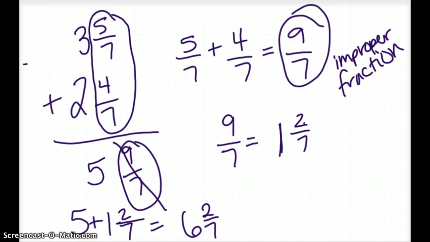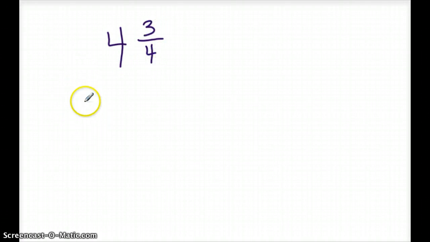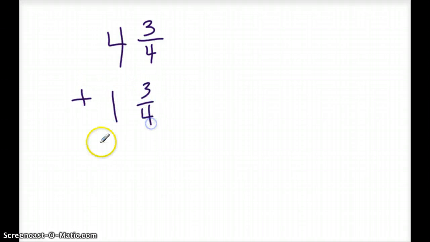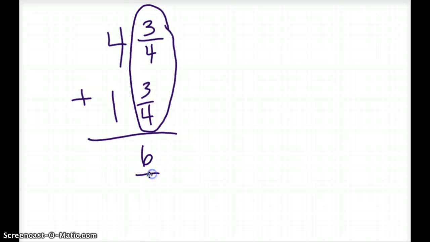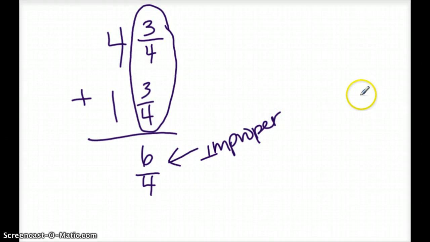Okay, I'm going to demonstrate one more time. So if I have 4 3/4 plus 1 3/4, I'm going to add these first. So 3/4 plus 3/4 equals 6/4. This is improper. I cannot leave it as an improper fraction.